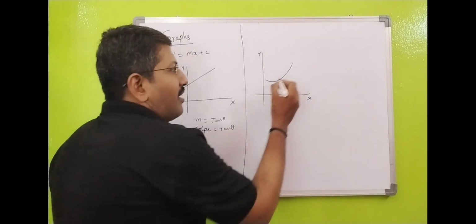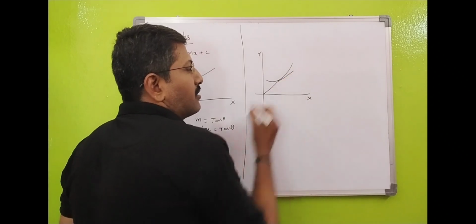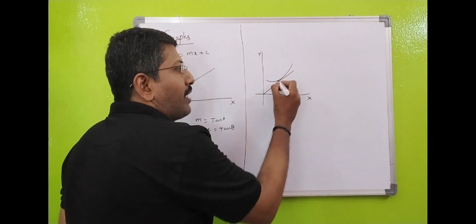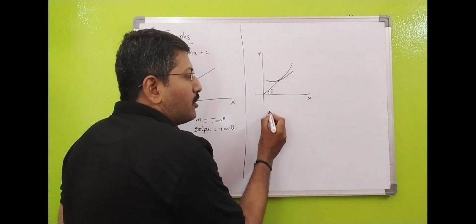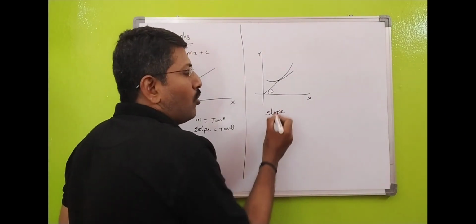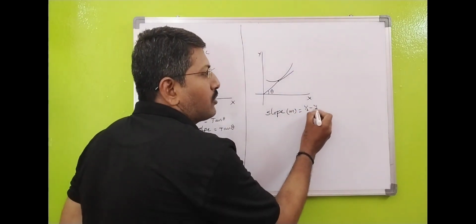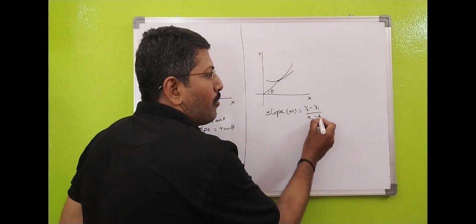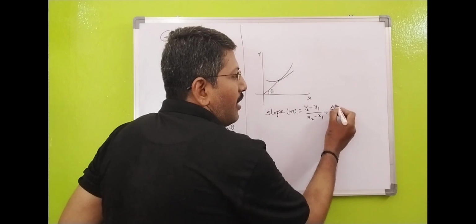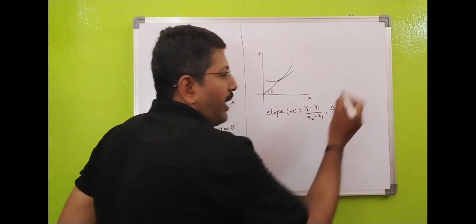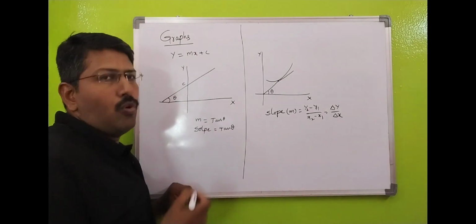I take one point here and draw the tangent like this. This angle of the tangent is theta. This is the slope. The slope represents y2 minus y1 by x2 minus x1. So I represent it as delta y by delta x. Delta y by delta x represents the slope.